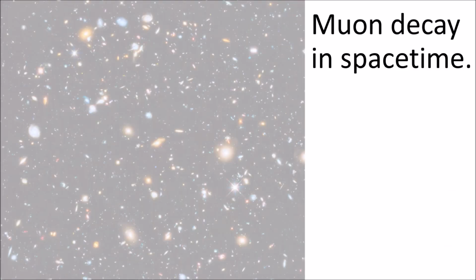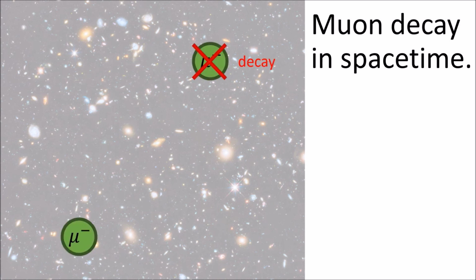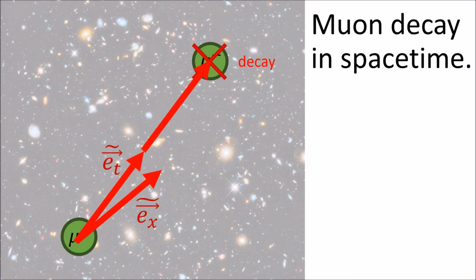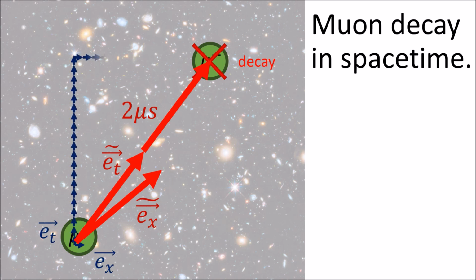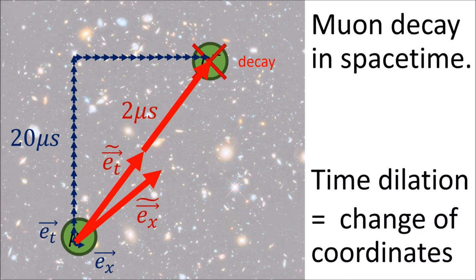If we observe a muon creation and its later decay in spacetime, the separation between these two spacetime points can be measured using vectors. With this coordinate system, the decay time is measured to be 2 microseconds. But in another coordinate system, the decay time can be measured to be 20 microseconds. The time dilation effect seen in different reference frames is just the result of using a different vector coordinate system.